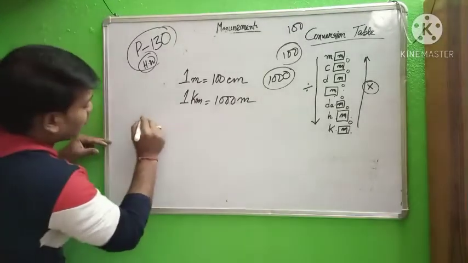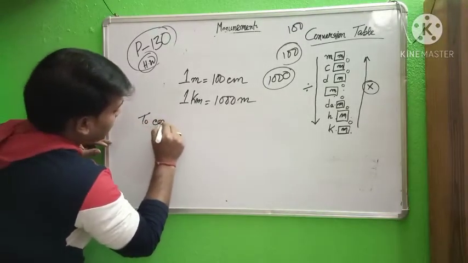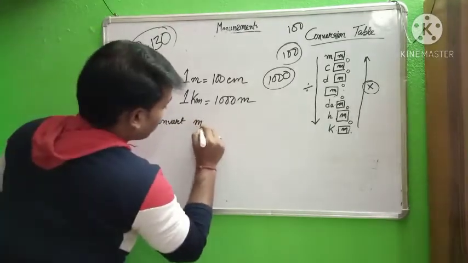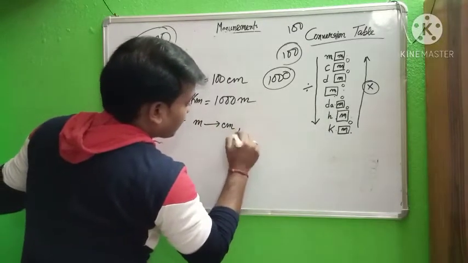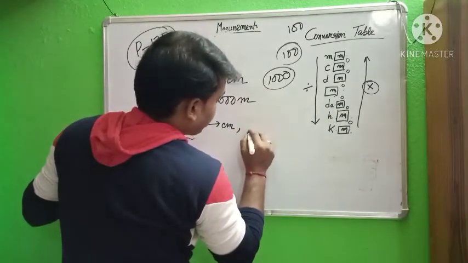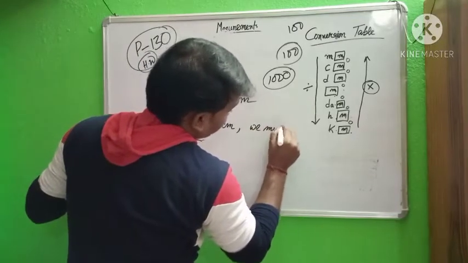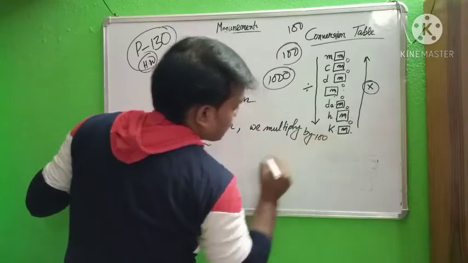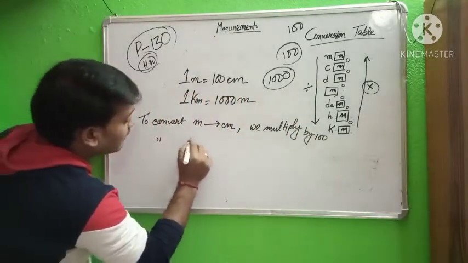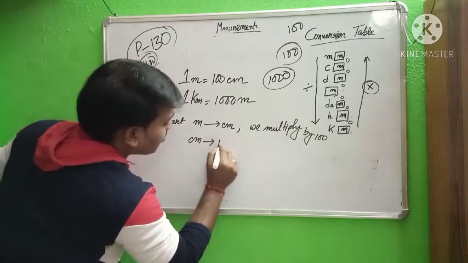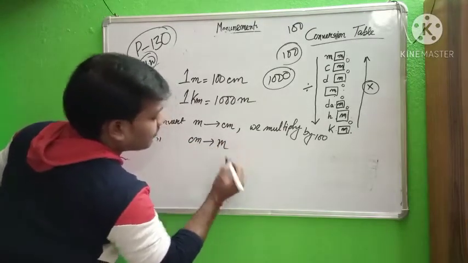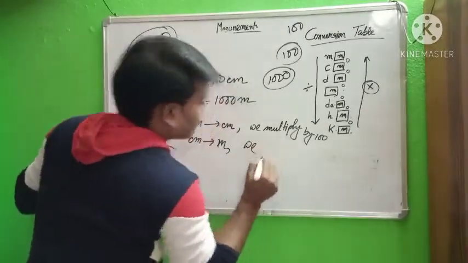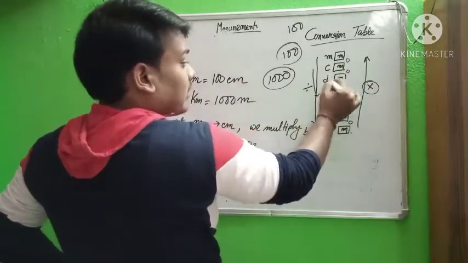So to convert meter to centimeter, we multiply by 100. Similarly, to convert centimeter to meter, that means downward.